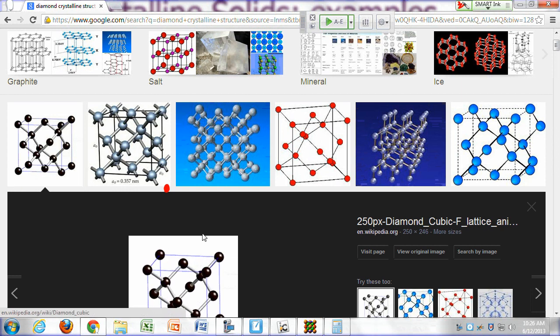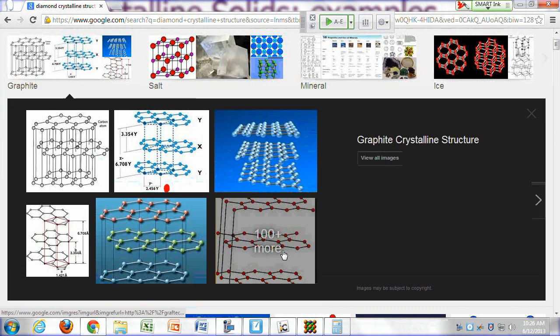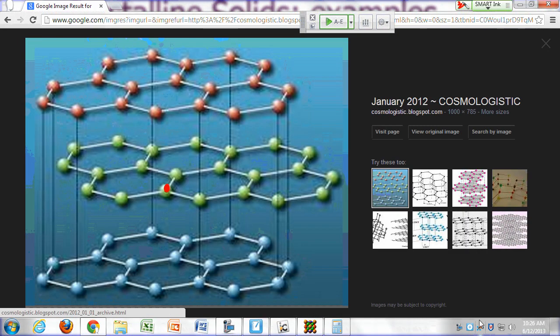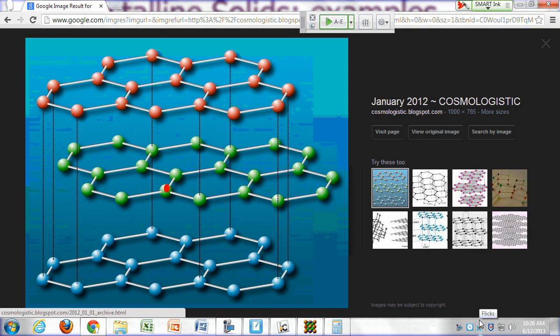And you can also have graphite. You can see all the atoms are covalently bonded. You can think of graphite as sheets of a molecule called graphene. In graphene, you have sp2 hybridized carbon. Each of these atoms arranged in a hexagon is an sp2 hybridized carbon atom.